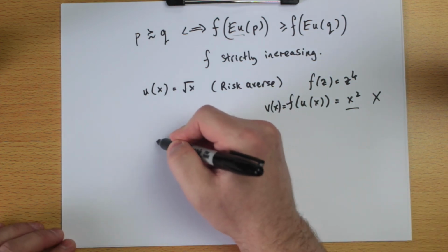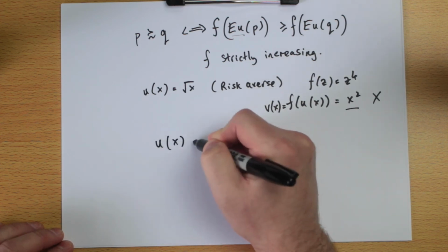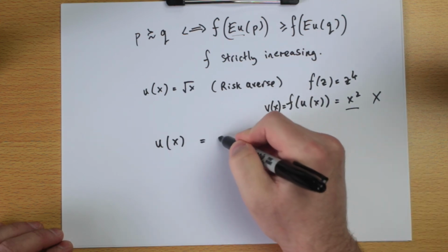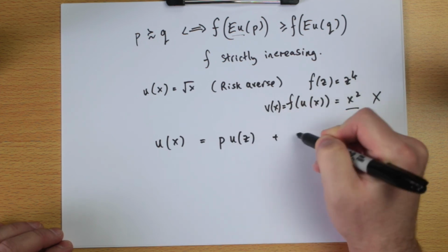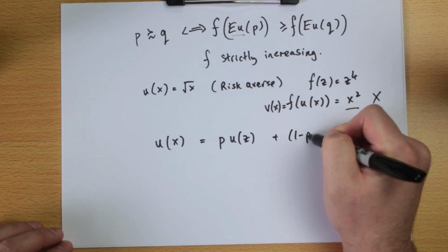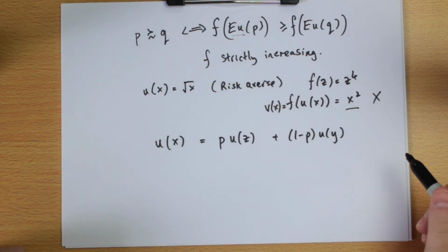So let's just write an example. Let's suppose that the utility of x is equal to, let's say, P times the utility of Z, plus 1 minus P times the utility of Y, something like that. So we've just got an equation.